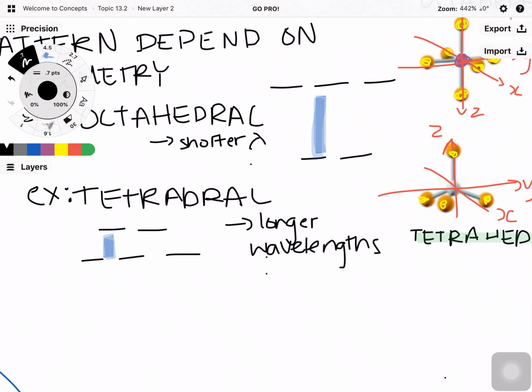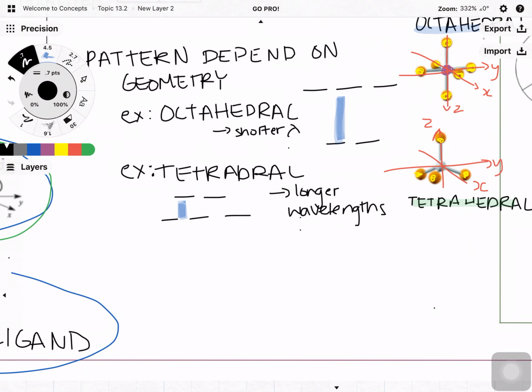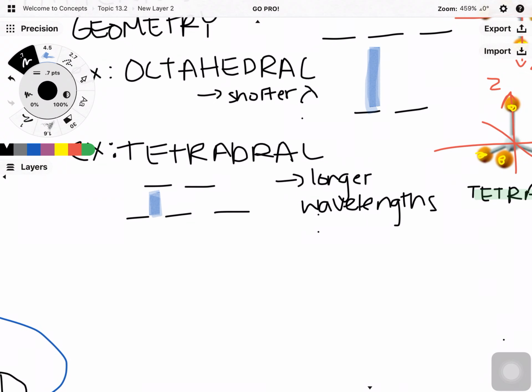Now, the other factors that dictate the crystal field splitting energy are 3 in number. So let's write that down.